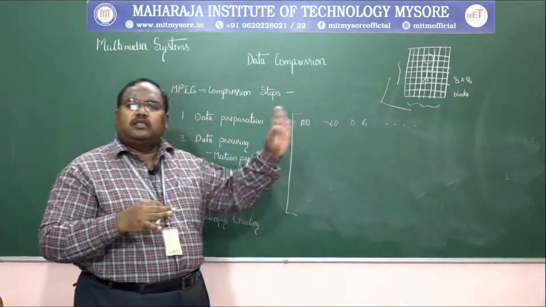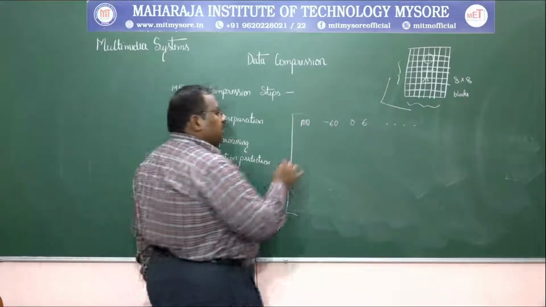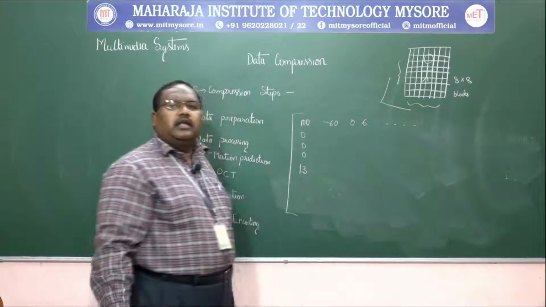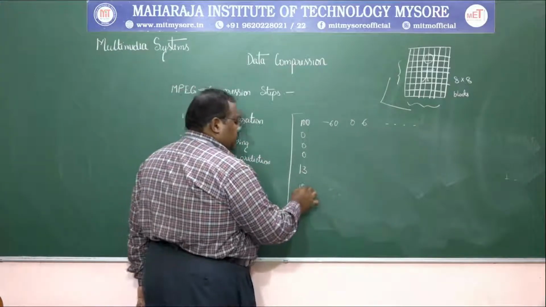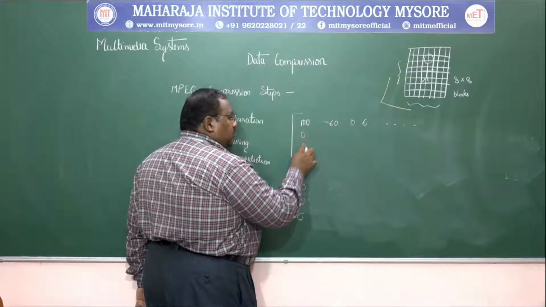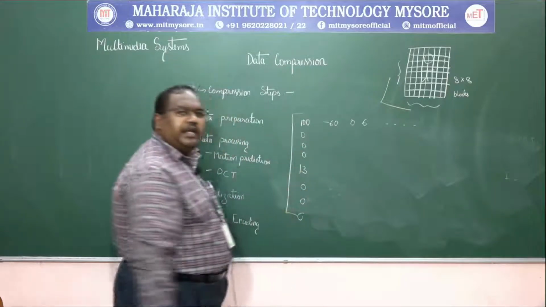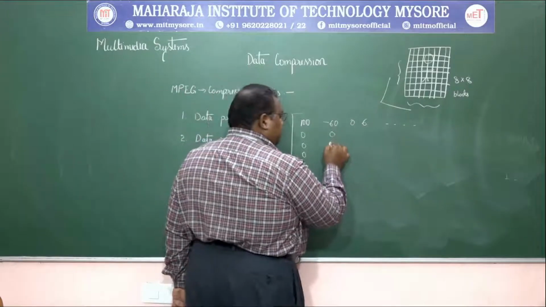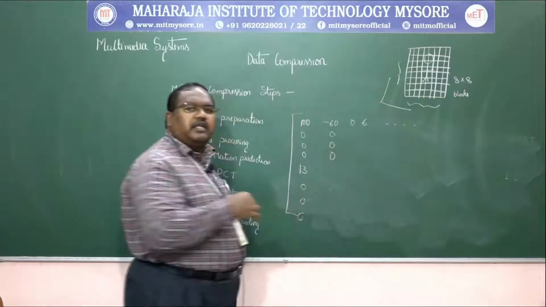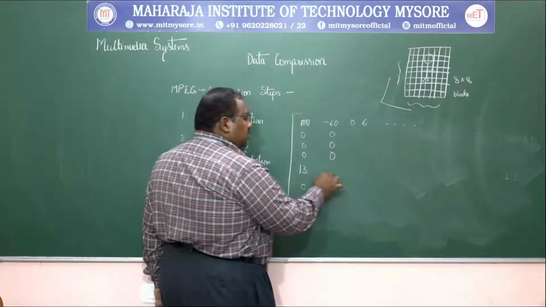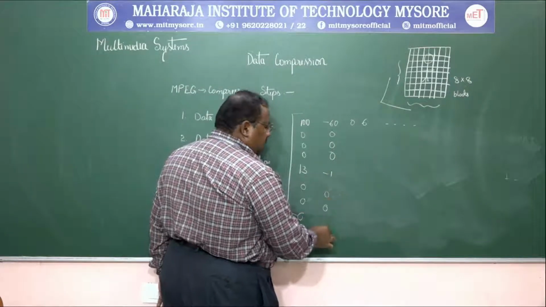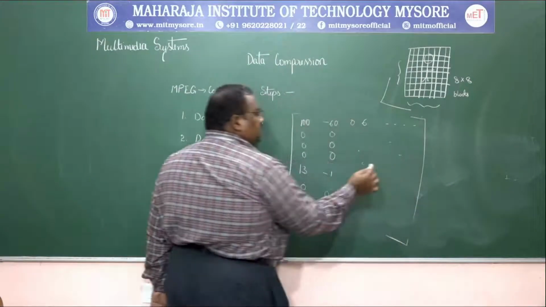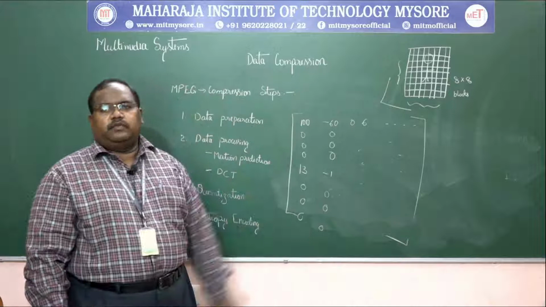So instead of writing all these zeros, I'll take these 3 zeros and write it as 13 here, followed by 3 zeros. So 1, 2, 3, 4, 1, 2, 3, 4. So 8 elements are there. Again here I write 3 zeros and beside the 13 I write minus 1. All remaining elements are assumed to be 0. I don't write it, just for your understanding.